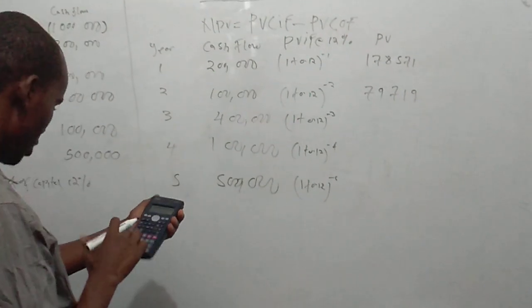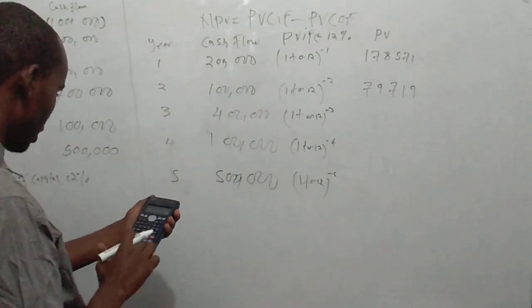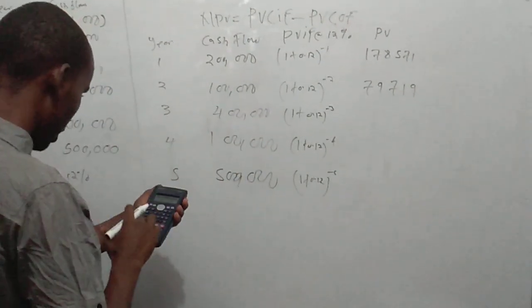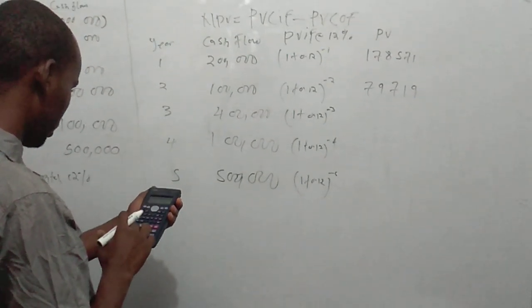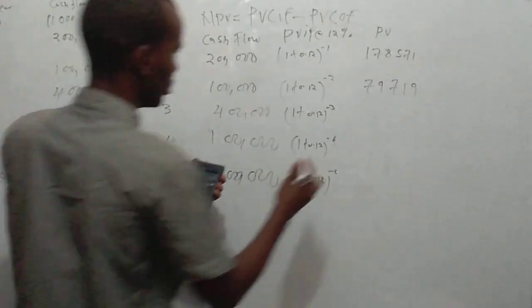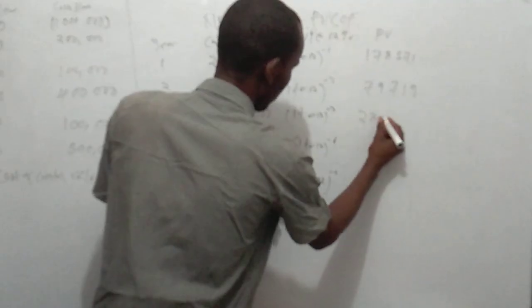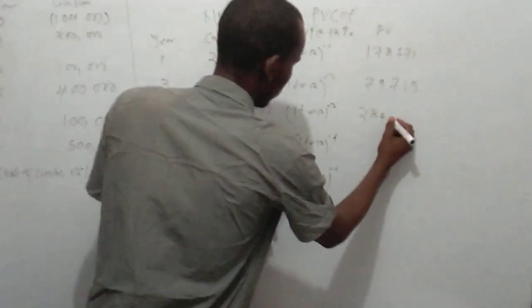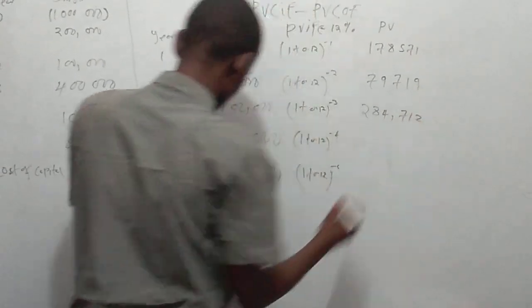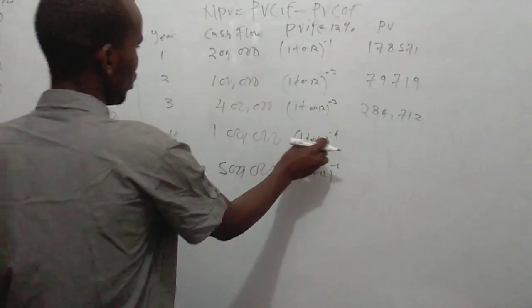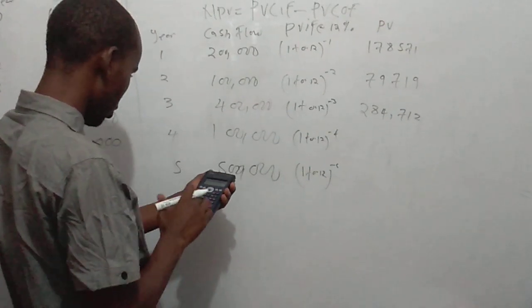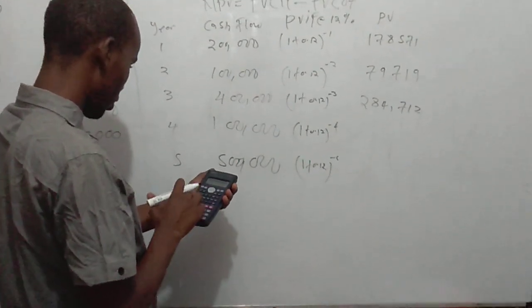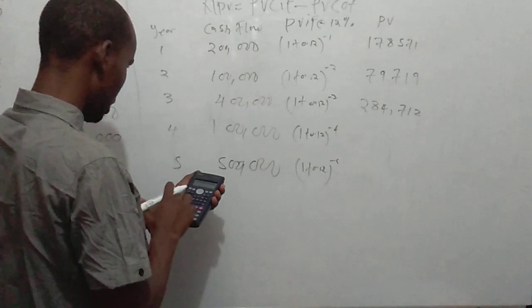Next is 1.12 raised to negative 3. Then multiply by 400,000. I'm getting 284,712. Next is 1.12 raised to negative 4. Then I multiply with 100,000.